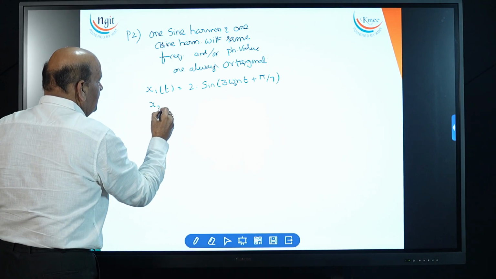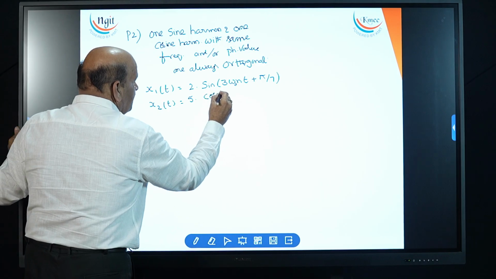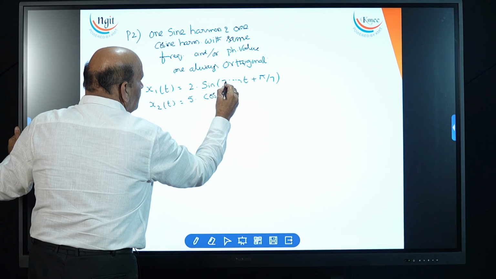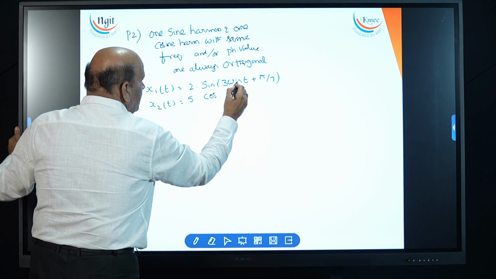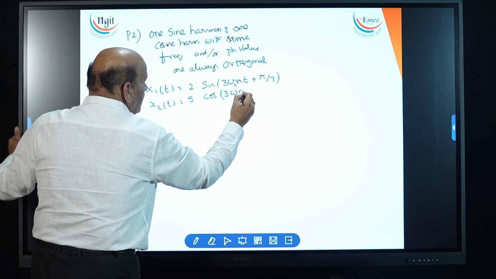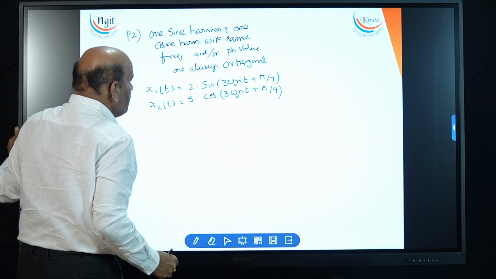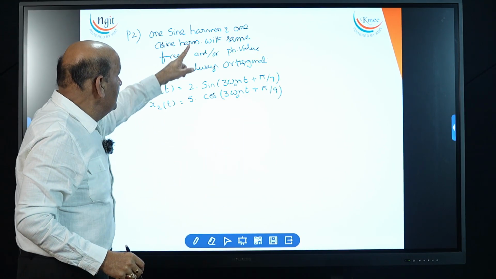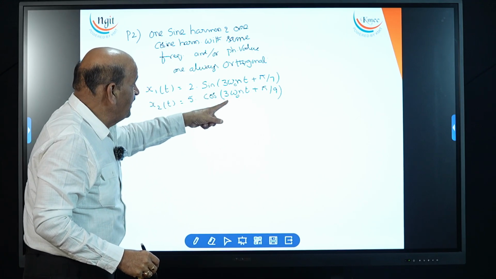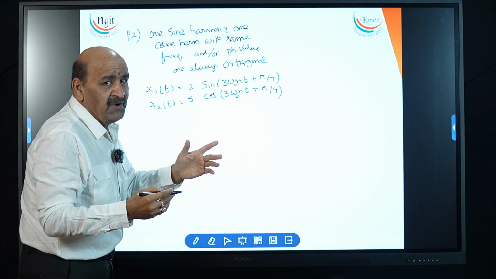The second signal is equal to 5 cos(3 omega naught t plus pi by 9). Now just look at, this is one sine signal, another cosine signal. Both have the same frequency. The phase value may be same, may not be same.